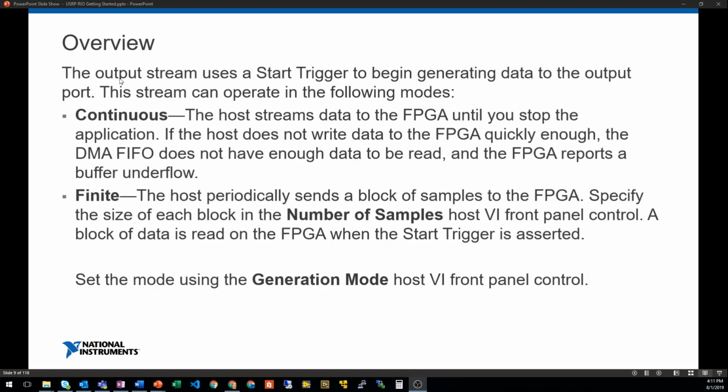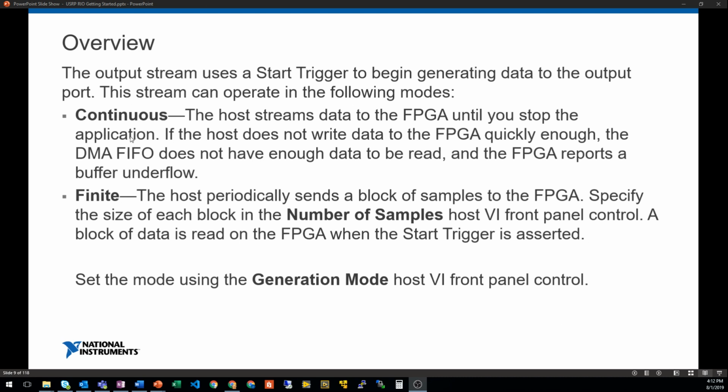Secondly, there are two ways we move data around between the host and the USRP or the FPGA. We either move it in a continuous stream, or we have these finite streams.